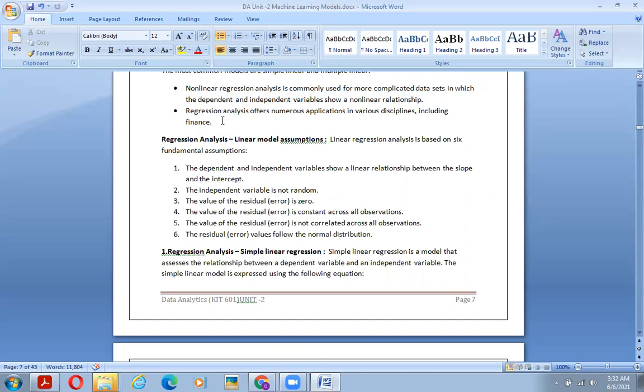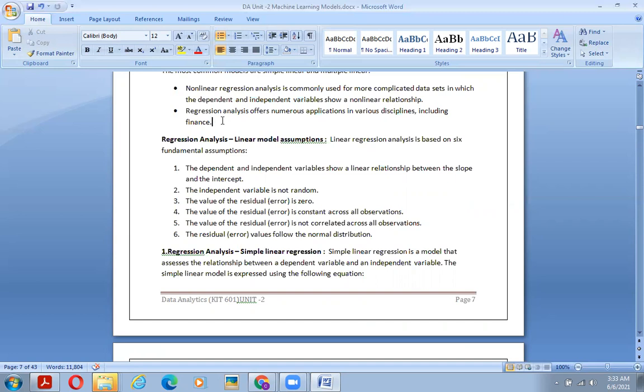So let's understand the different model structures. Dependent and independent variables show a linear relationship between a slope and intercept.